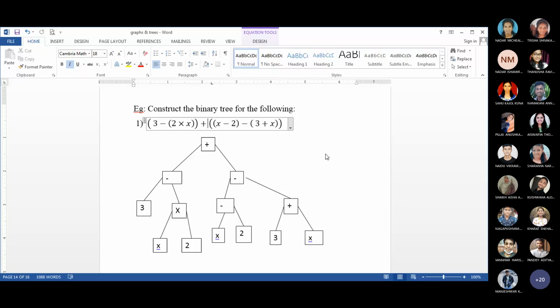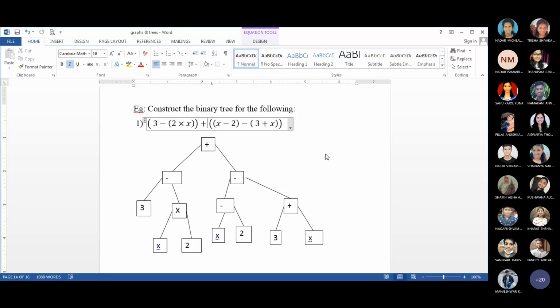There will be two branches, one on the left and one on the right. The branch on the left will correspond to the expression on the left of that plus sign. The branch on the right will correspond to the expression on the right of that plus sign. Is this clear?